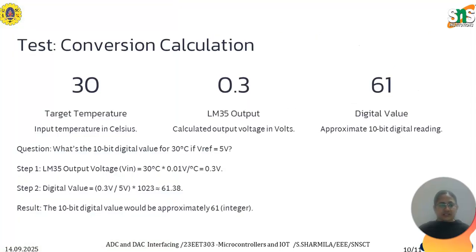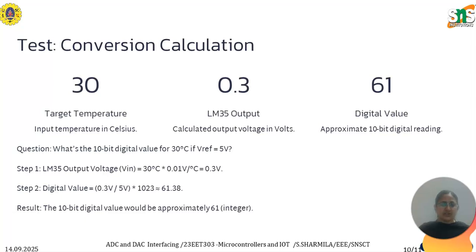For the testing phase, the target temperature is 30 degrees Celsius, the LM35 output is 0.3 volt, and the digital value reading is approximately 61. The question: what is the 10-bit digital value for 30 degrees Celsius if V reference is equal to 5 volts? The output voltage is 30 degrees Celsius times 0.01 volt per degree Celsius, equal to 0.3 volt.